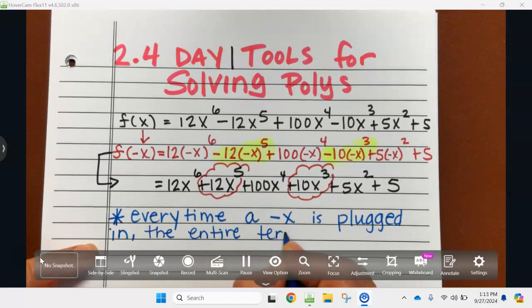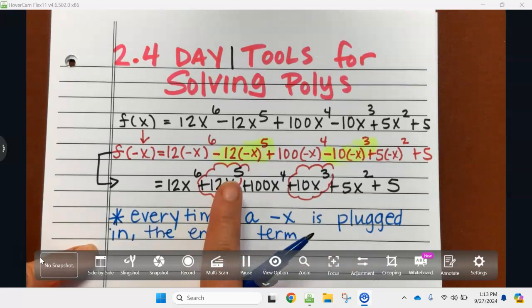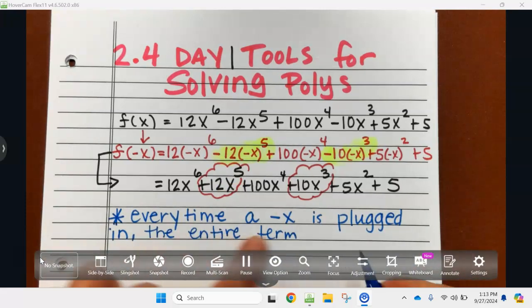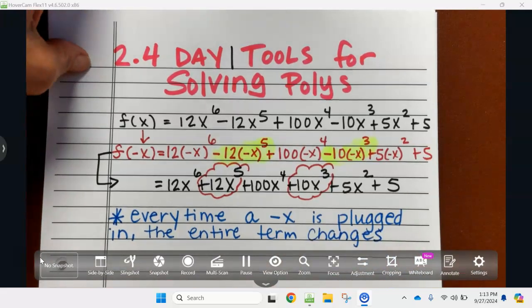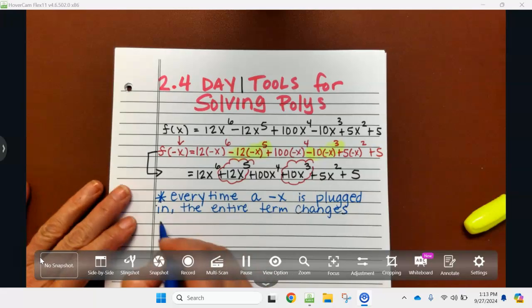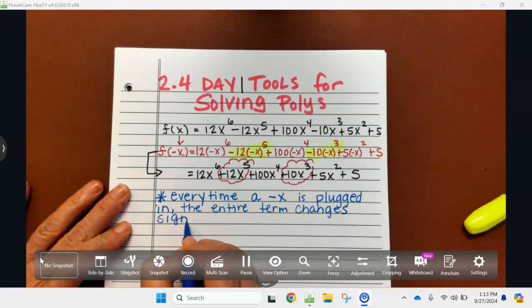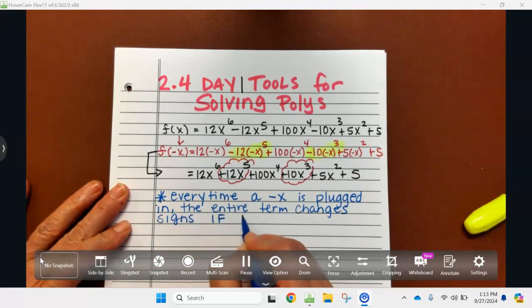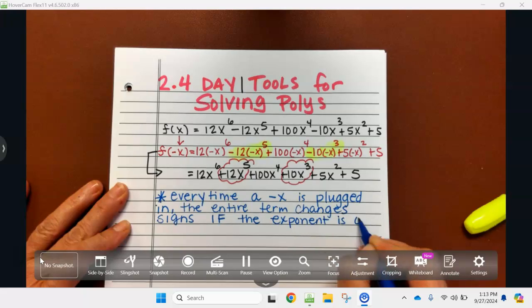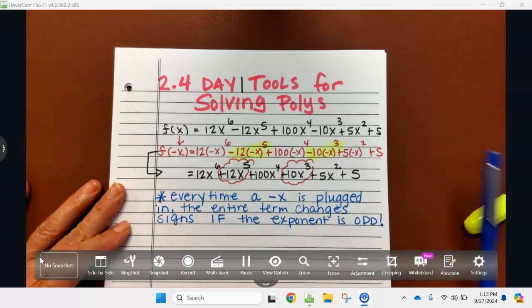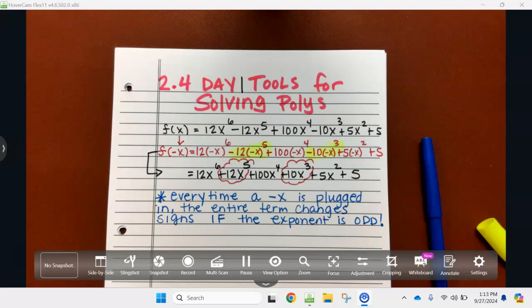Now remember, a term is just going to be a coefficient, an x, and an exponent. The entire term changes signs if the exponent is odd. All right, so let's move forward.